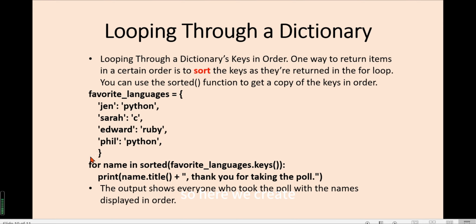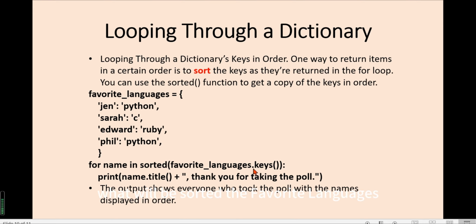So here we create the same dictionary with four people and their favorite languages. Then we write for name in sorted(favorite_languages.keys()). The name variable is the same as before, but here we use sorted with parentheses. Then what will be sorted?